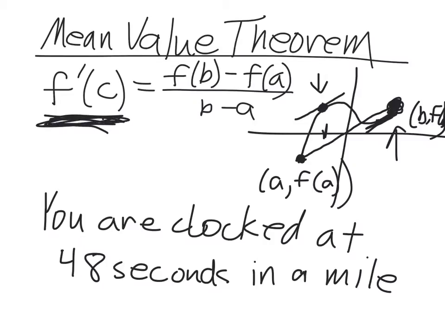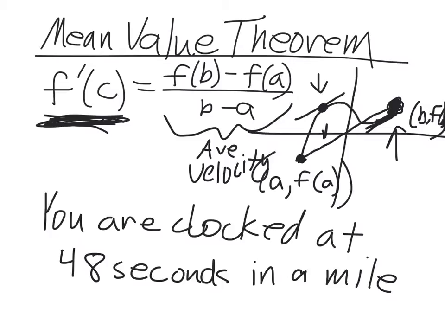Your speed at some particular point, at some time in that 48 seconds, is going to equal the, well, this is technically the average velocity. This is the formula we would use for the average velocity from time 1 to time 2. So from, I guess, t equals 0 to t equals 48. Let's write up some points here.